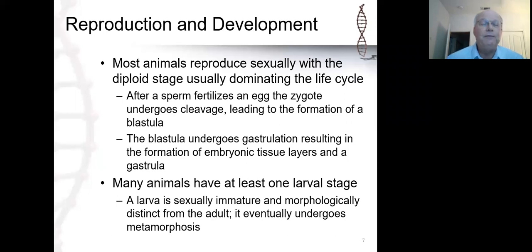It involves a complete reorganization of the body plan of the organism from its larval stage to its adult stage. So you do find that metamorphosis being a common feature amongst invertebrates, but as you have also discovered, you do see it in some vertebrates.